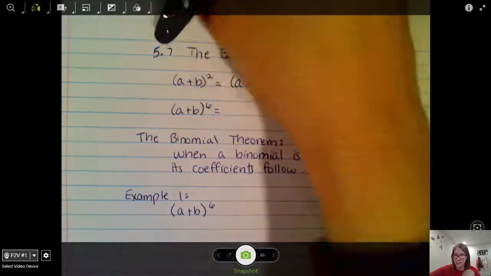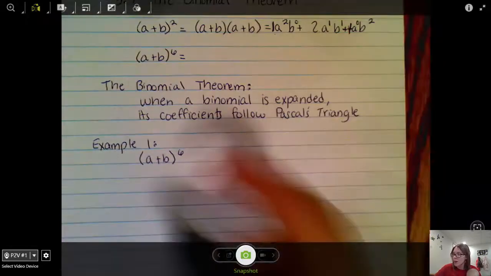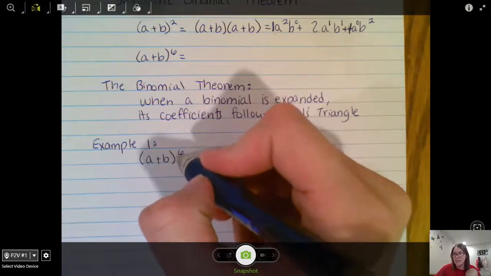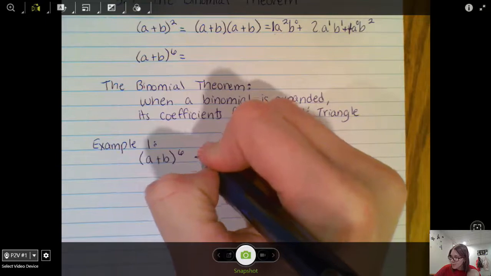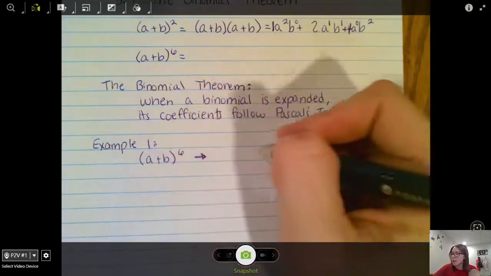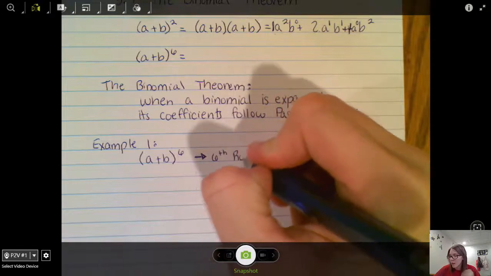All right, a couple patterns to follow. First of all, since I know I have the 6th power, that means the coefficients follow the 6th row of Pascal's triangle.